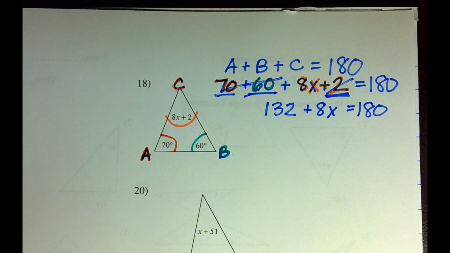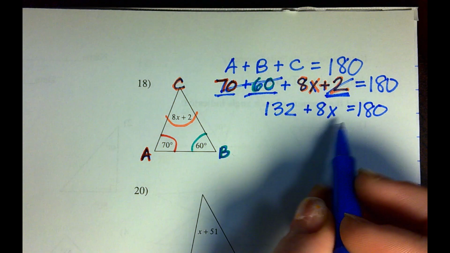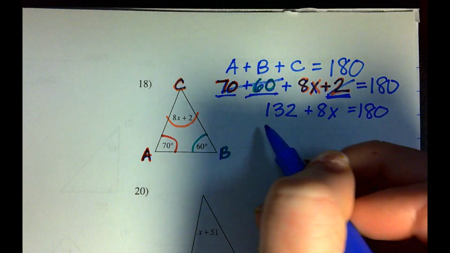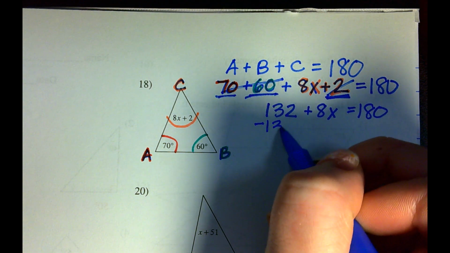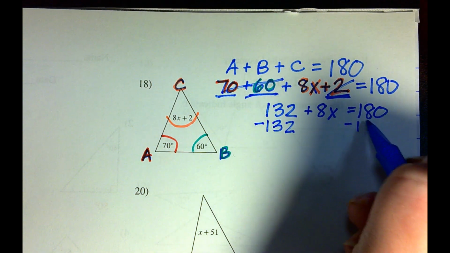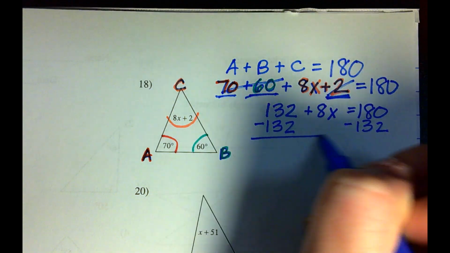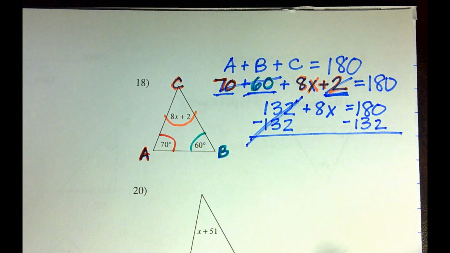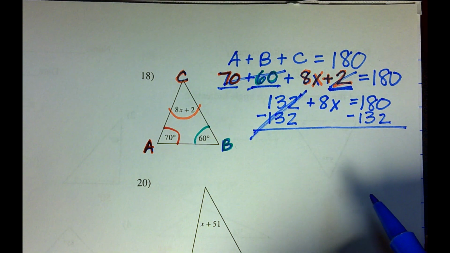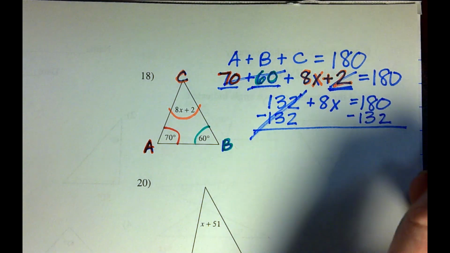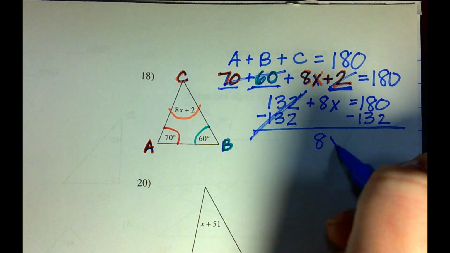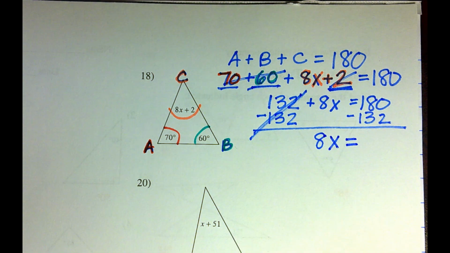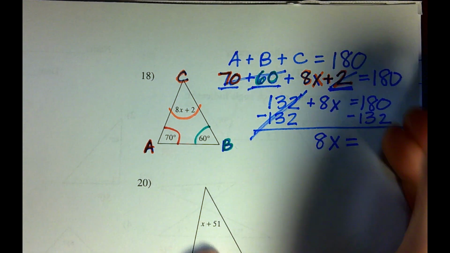Okay. Now what? Subtract 132 from both sides. Good. We're trying to get x by itself. So we're going to subtract first. I will cancel my 132s. And we'll bring down 8x equals 180 minus 132.